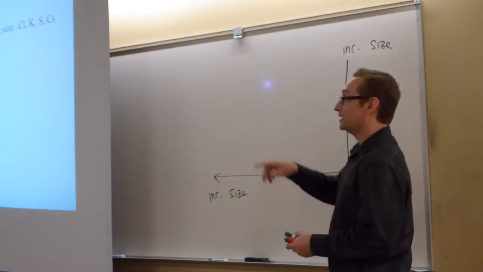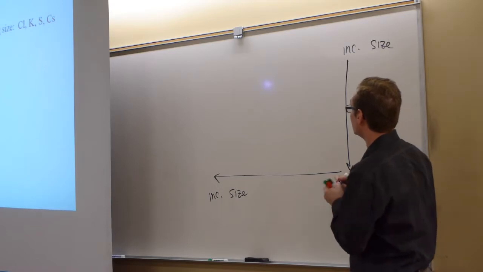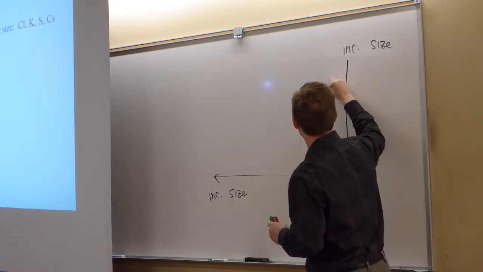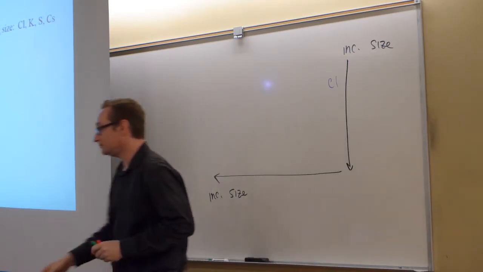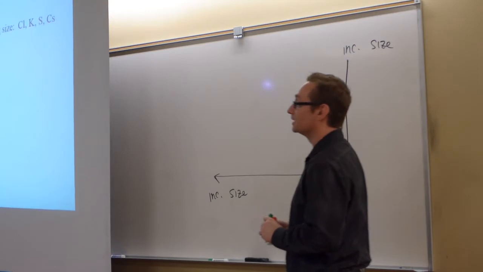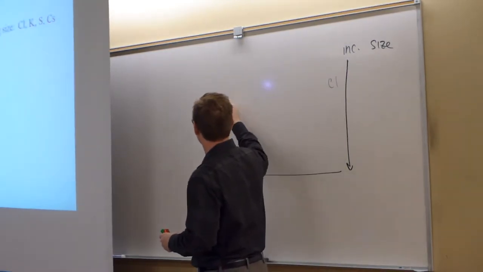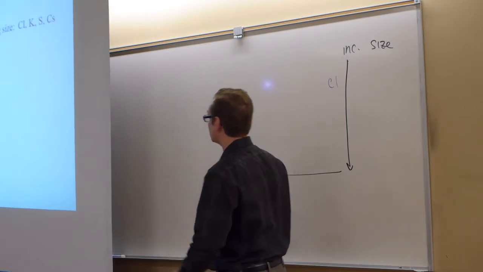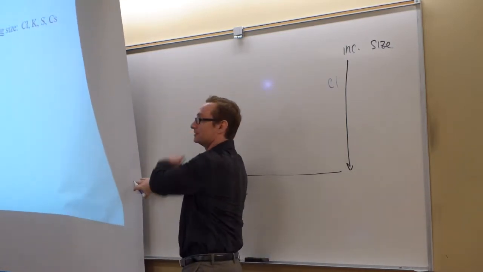So if I look at chlorine, it's in the upper right of the periodic table, right? So chlorine is going to be somewhere around there. And where would potassium be in the periodic table? And towards the left, but it's one row down from there. So potassium's down there. I wrote potassium here.